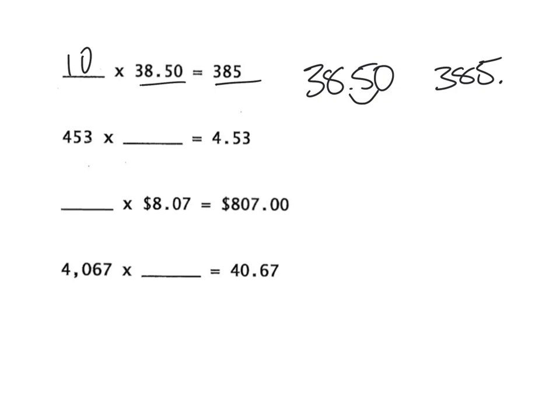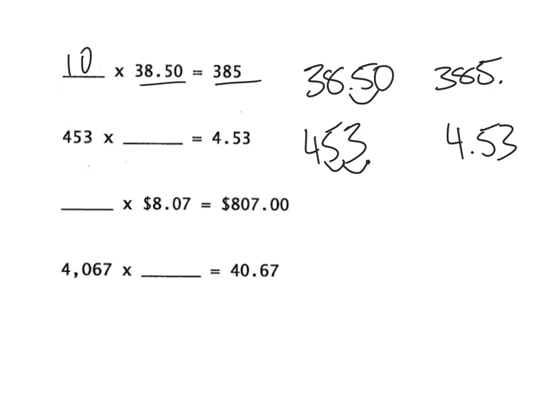And so again, out to the side, I'm thinking, all right, if it was 453 and then it went to 4 and 53 hundredths, if I was here with my decimal, it looks like they moved it twice to the left. Okay, so if it's shrinking and I'm getting something smaller, then I'm multiplying by a part.